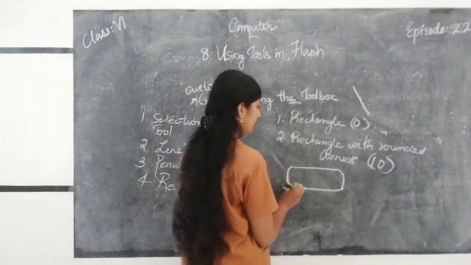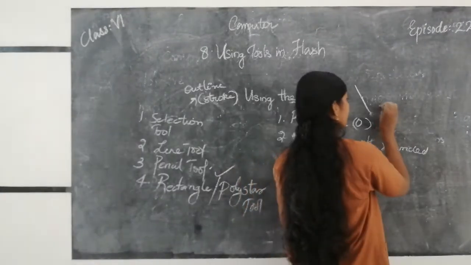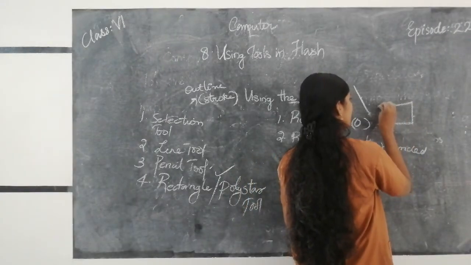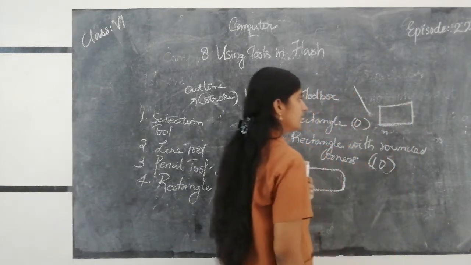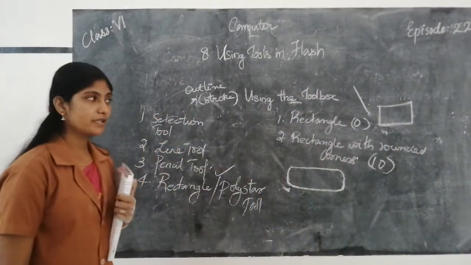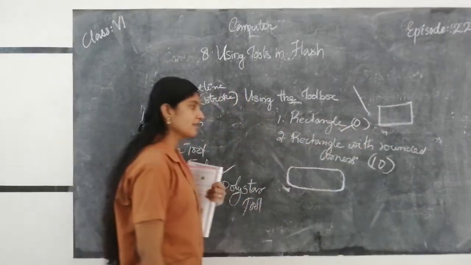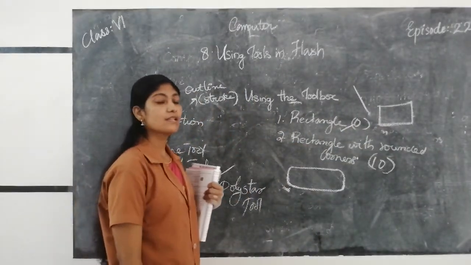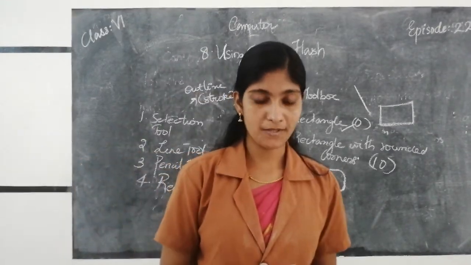So here is the rounded corner rectangle and here is the simple rectangle, meaning pointed corners and rounded corners. If you want pointed corners, the radius should be 0, otherwise the radius should be 10 or any other value you give in the property section.